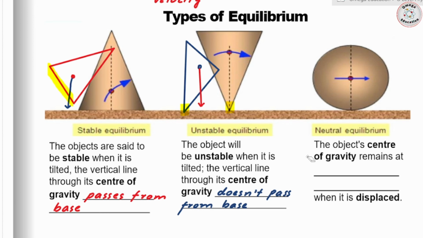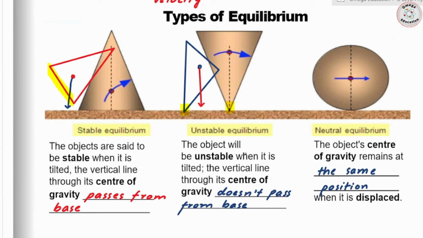For the stable equilibrium, if you tilt the object a little bit, it returns to the original position. And for the neutral equilibrium, the object's center of gravity remains at the same position when it is displaced. So its center of gravity is not lowered, or its center of gravity does not go higher. It remains at the same position. What are the examples?